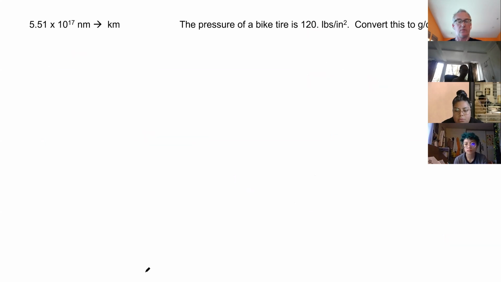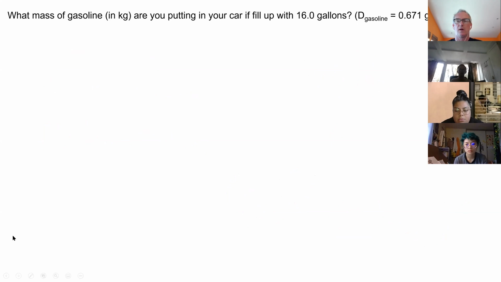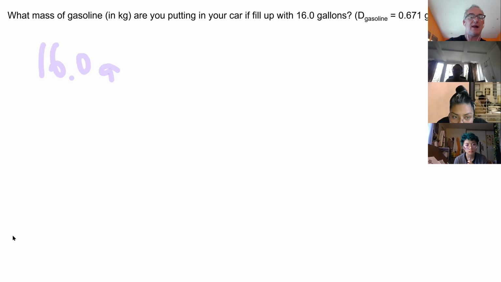I think this is just, you're going to need some extra information for this. So what information are you going to need for this question? I want a mass in kilograms. And I'm starting with 16.0 gallons.